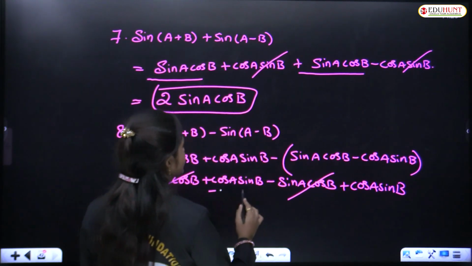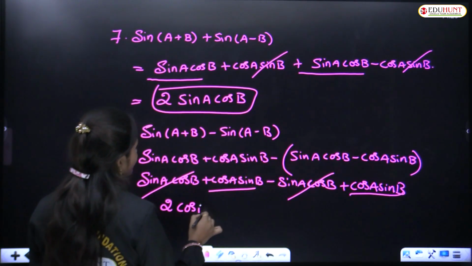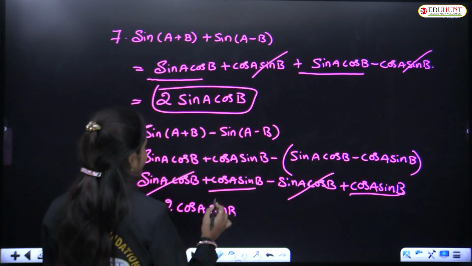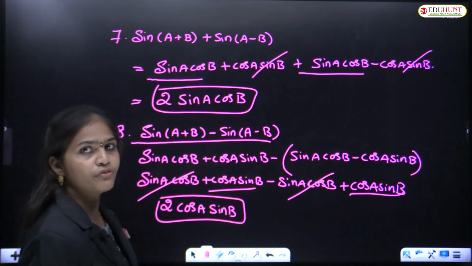After that we have cos A sin B and cos A sin B, which equals 2 cos A sin B. This is the formula for sin of A plus B minus sin of A minus B.